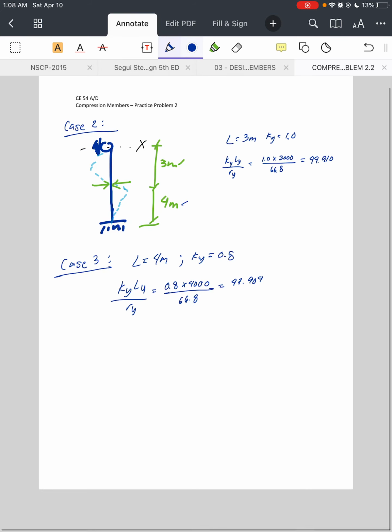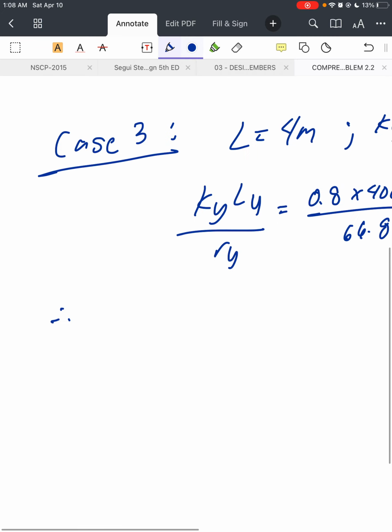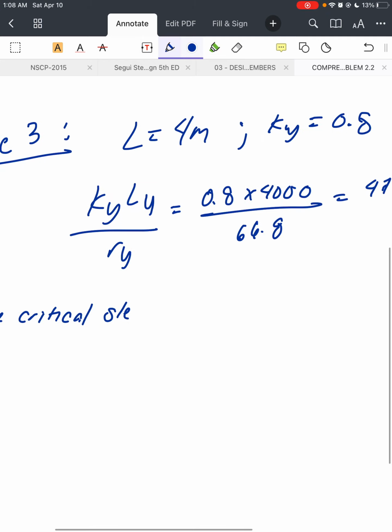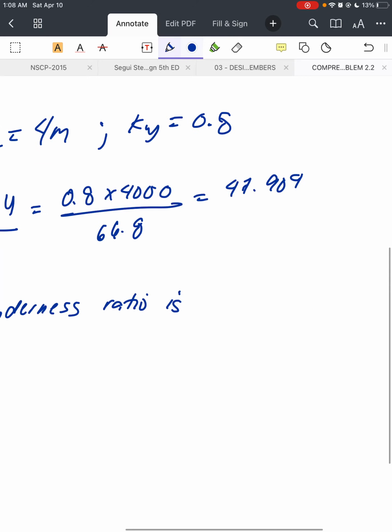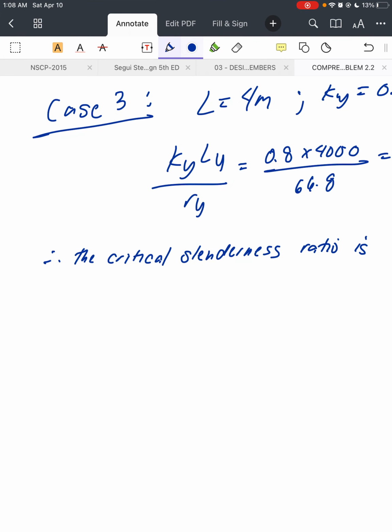So gagamitin natin the critical slenderness is 48.696.